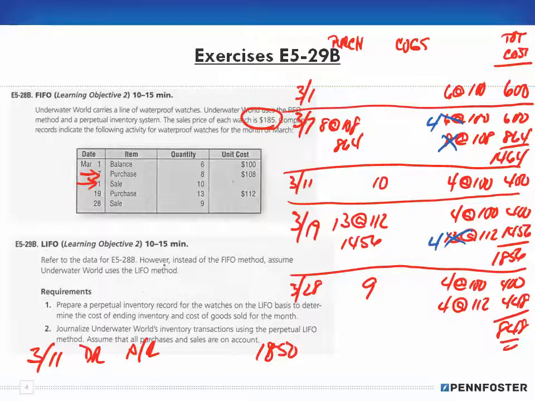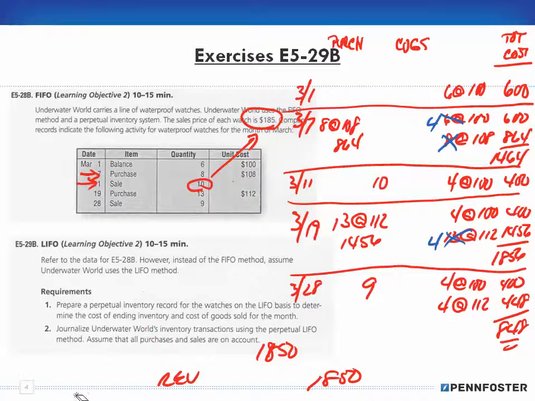That's 10 times 185, right? And we're going to credit our revenue account, or sales revenue, for 1,850.